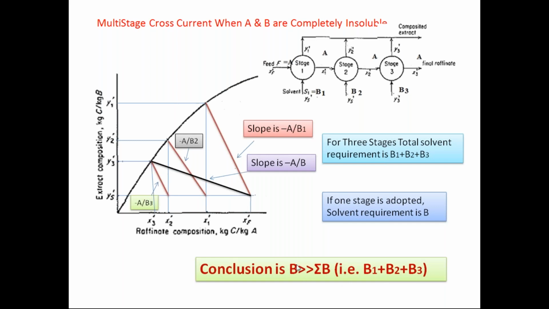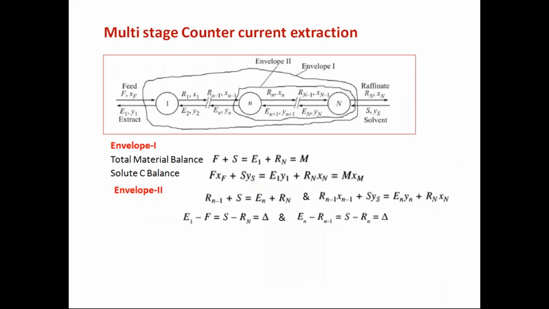So you can realize that the solvent requirement can be reduced drastically by using the cross current operation. Is it clear? Yeah.